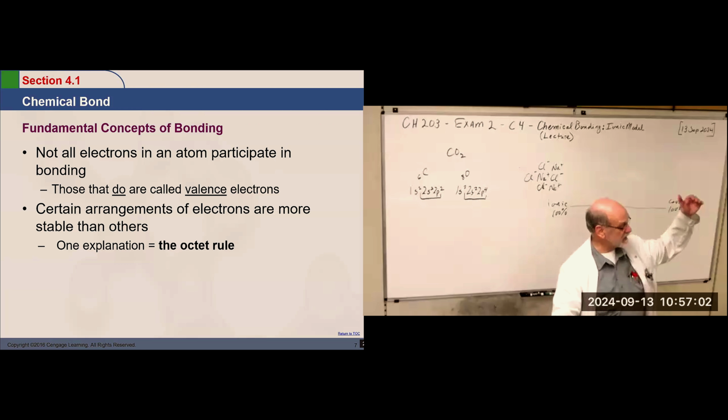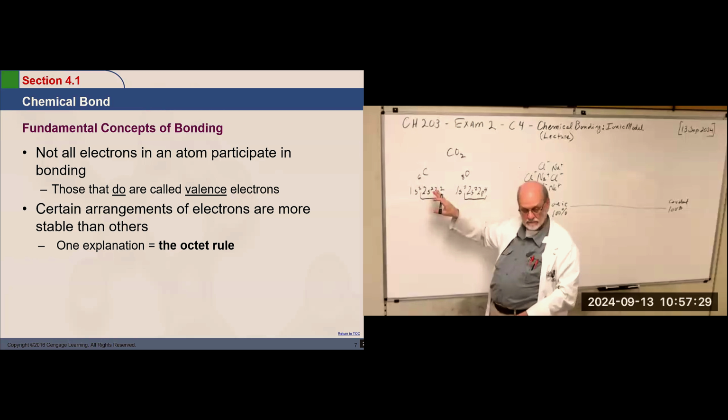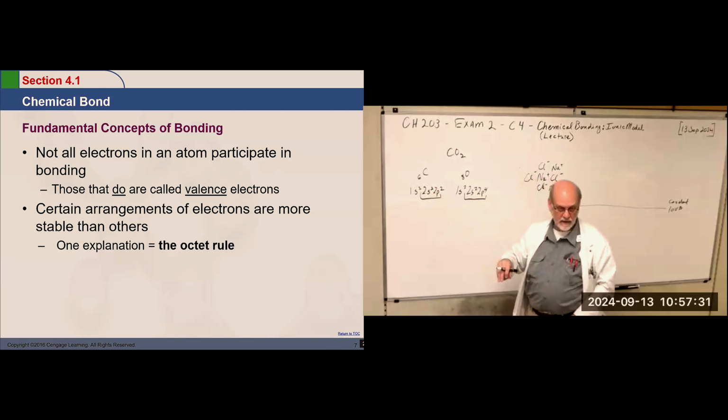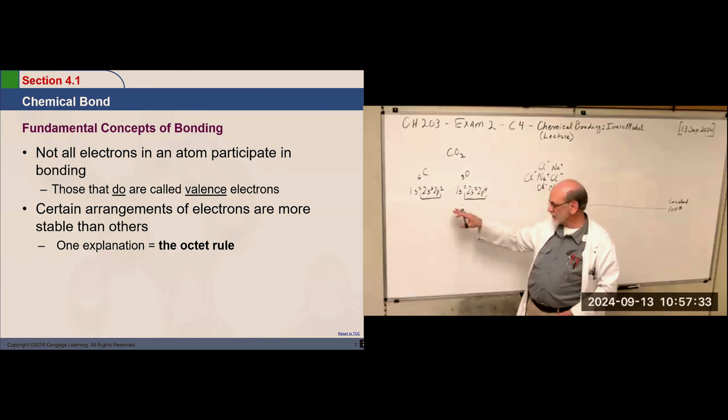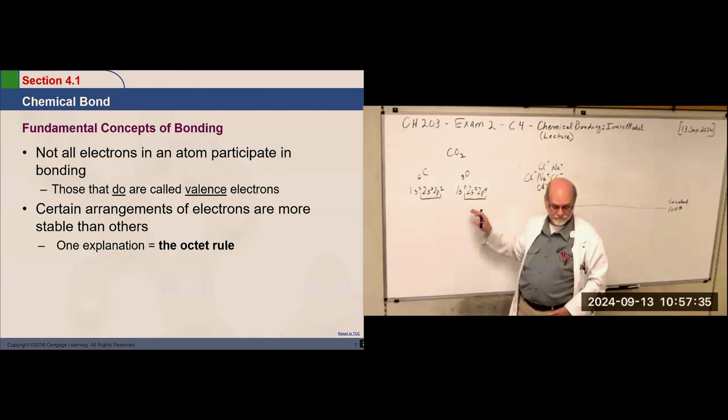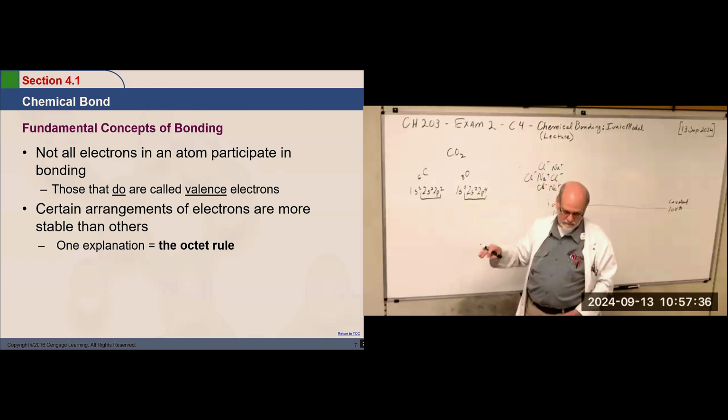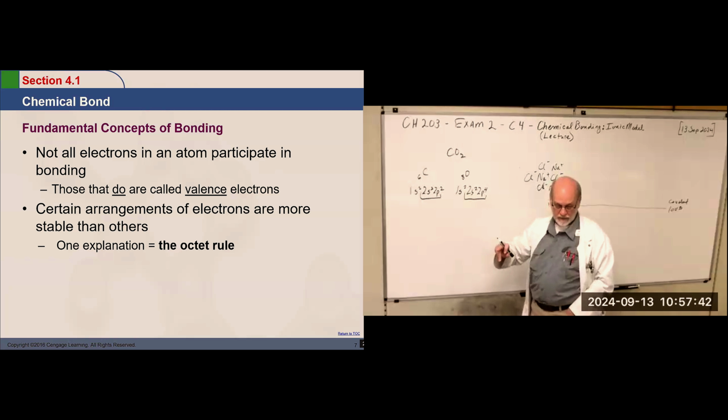And the octet rule just says that the valence shell can hold 8 electrons, right? Because we can have 2 more here, and that would be 6 and 2 is 8. And we can have 4 more here, and that would be 8. So they're trying to fill this outermost shell, and that would be 8, because maximum 2 here and 6 there.